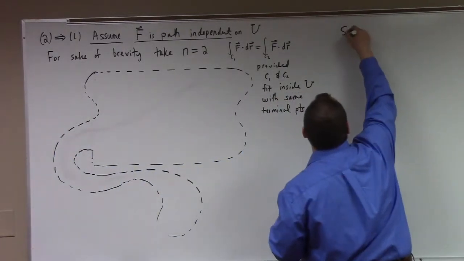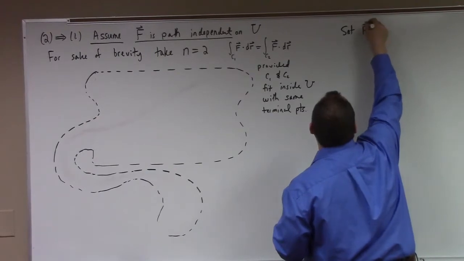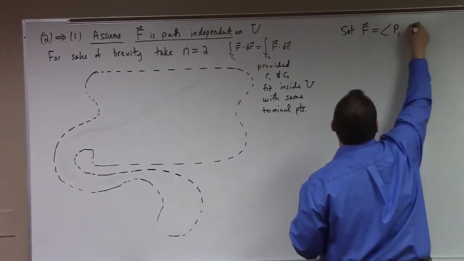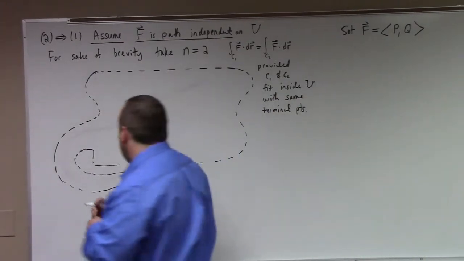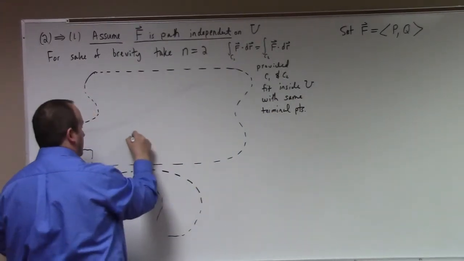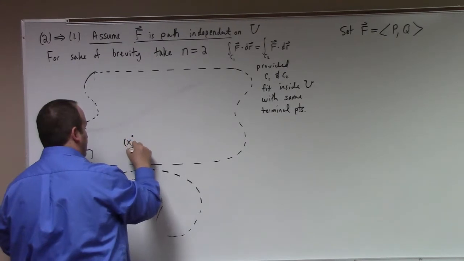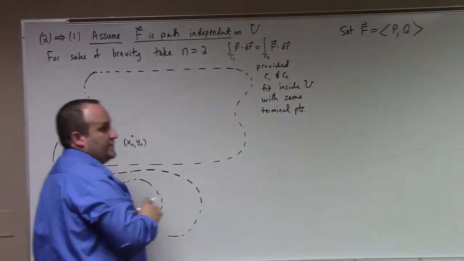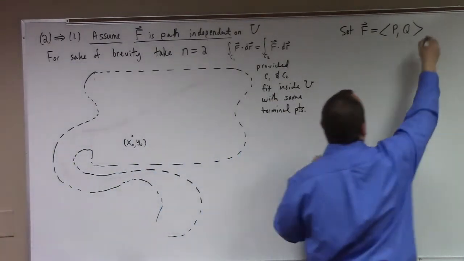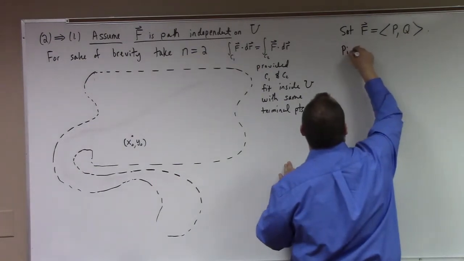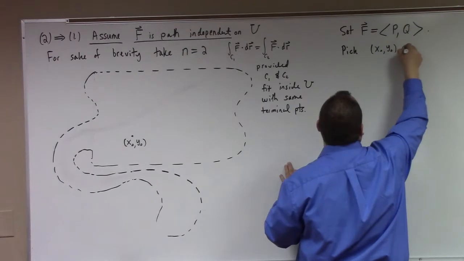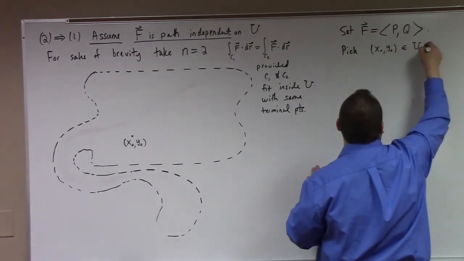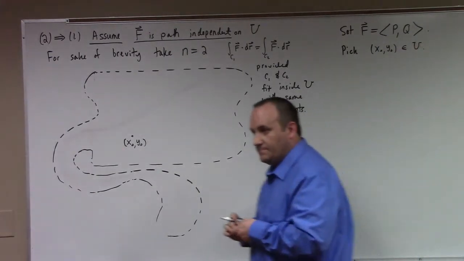We're going to set F as usual to be P comma Q. And we're going to pick a point. Let's pick this point, x naught, y naught. Pick a point in U. You can pick a point, right?